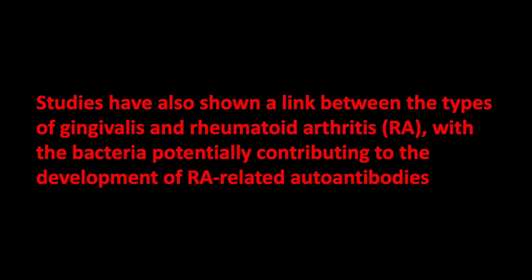Here's another slide. Studies have also shown a link between the types of gingivalis and rheumatoid arthritis, RA, with the bacteria potentially contributing to the development of RA-related autoantibodies. So how many people do we have that are starting to complain that they have RA?